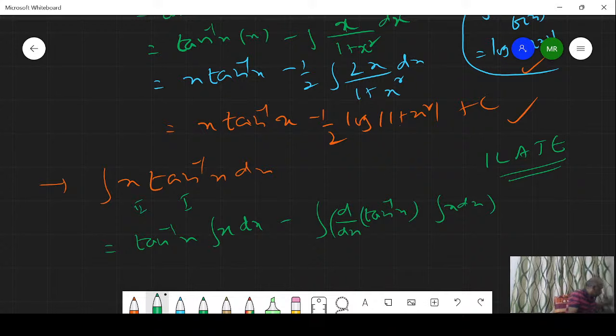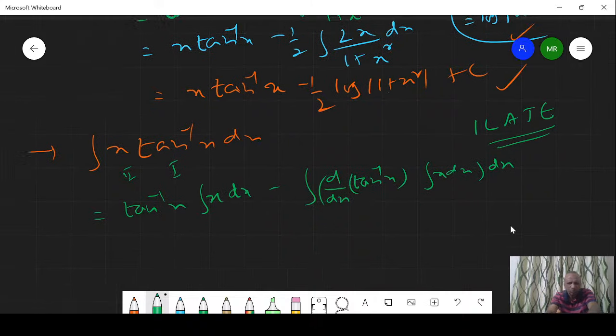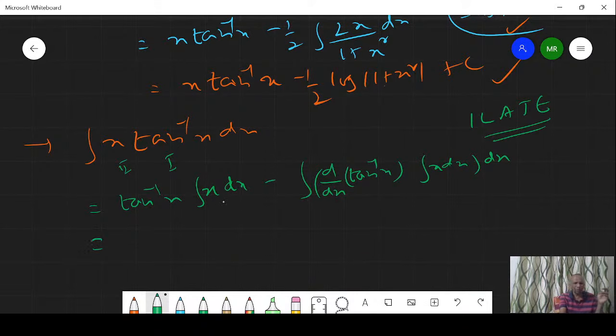We know integral x is x square by 2. So this will be x square by 2 tan inverse x, minus derivative of tan inverse x, 1 by 1 plus x square, times x square by 2 dx.